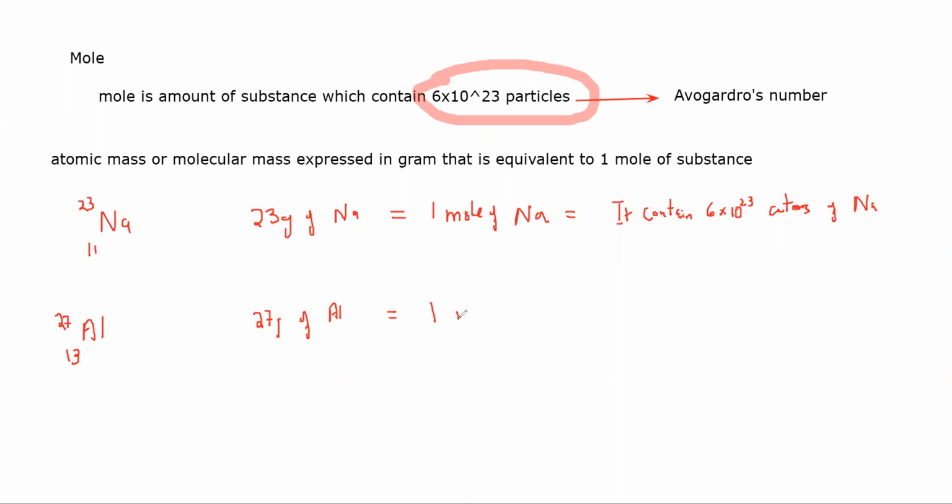We have 1 mole of aluminium. And 1 mole of aluminium contains 6 exponent 23 atoms of aluminium.